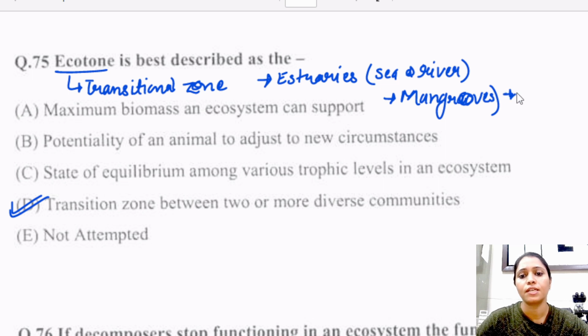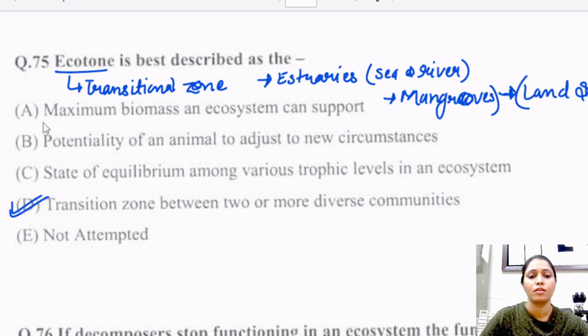So this is the transitional zone between land and water bodies, especially sea water. So this is about ecotone. It is a transition zone between two or more diverse communities.